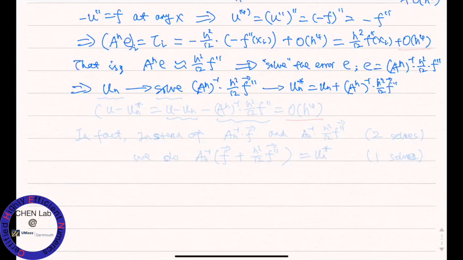Which means if you think about it, u minus uh star becomes u minus uh minus that Ah inverse h squared over 12 f double prime.